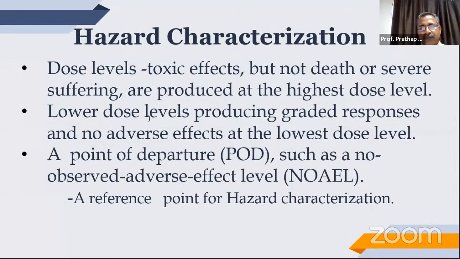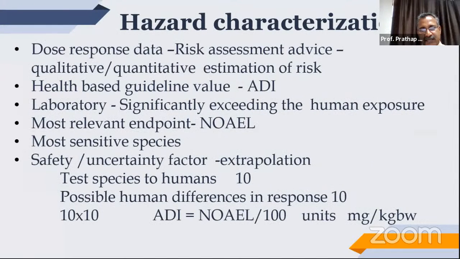One of the standard points of departure is the no observed adverse effect level in a species, because these are species specific. This is considered as a reference point in the hazard identification. When you are doing the hazard characterization, again, dose response data, that is risk assessment advice, quantitative, qualitative risks, and health-based guidance values such as acceptable daily intake, laboratory studies, then most importantly, NOAEL, as I've already told you, and many times you will be doing it in a very sensitive species.